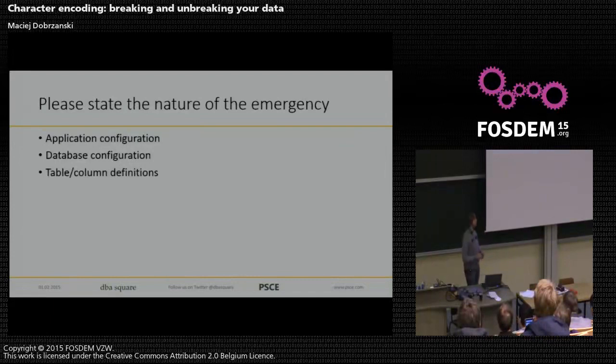So when can things go wrong? This session is about breaking and fixing character encoding. Encoding is maintained on multiple levels, from the presentation layer, like a web page, a terminal, or a screen, down to the data storage, so tables, columns, and so on.